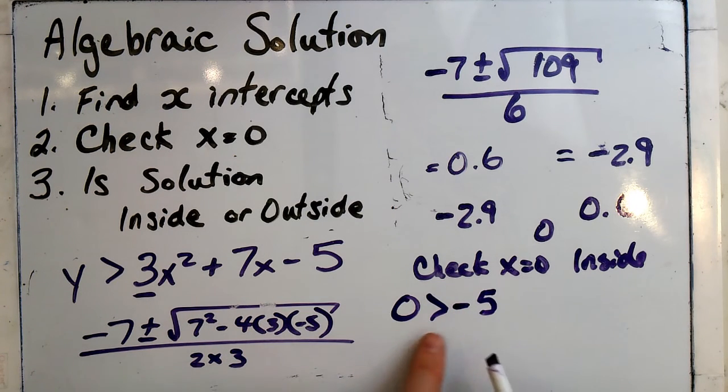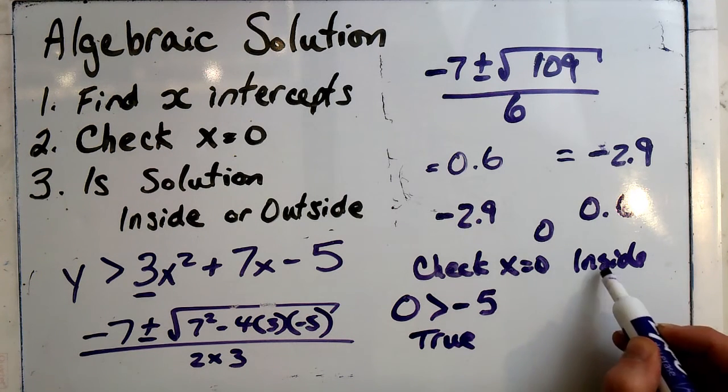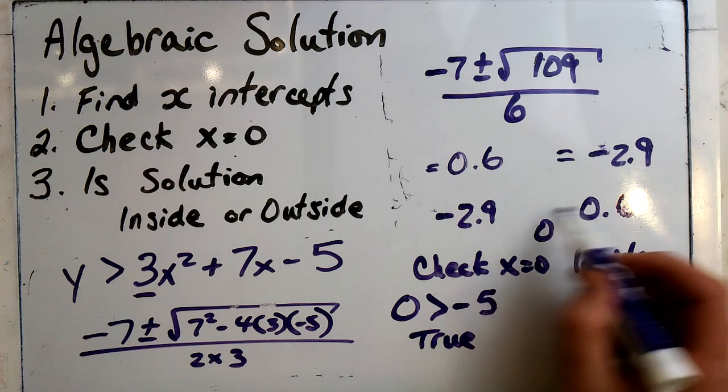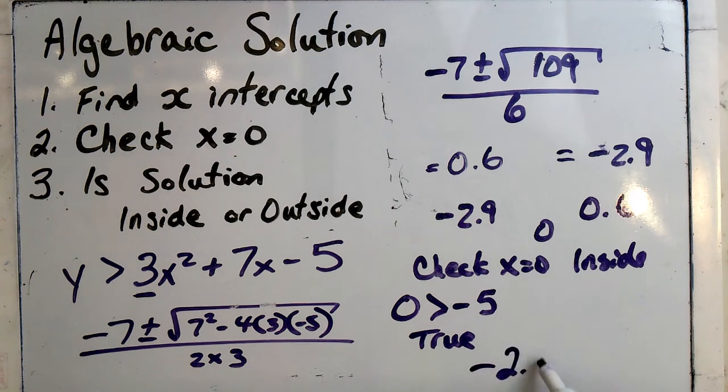And this is true. 0 is greater than -5. So if this is true, that means the inside is true. That means the solution is inside the two boundary points. And the boundary points are the x-intercepts. So in this case, the solution is -2.9 is less than x. X is less than 0.6.